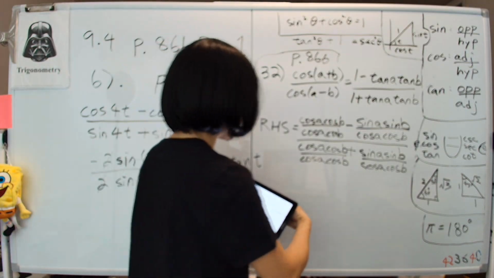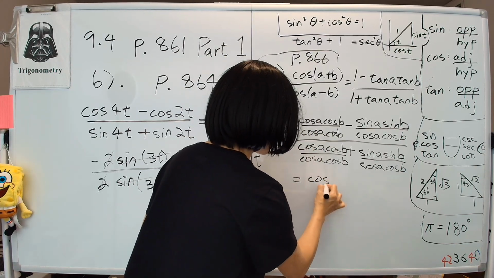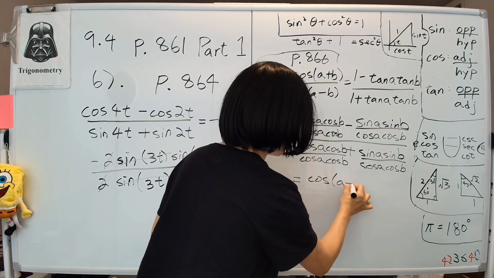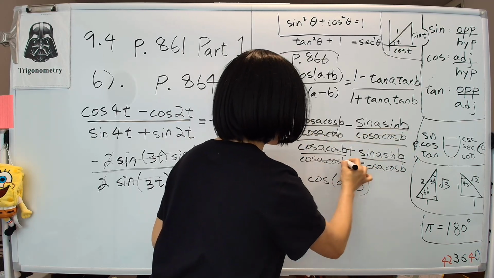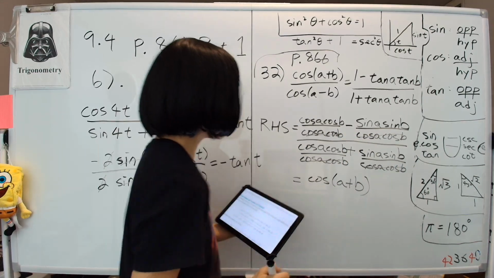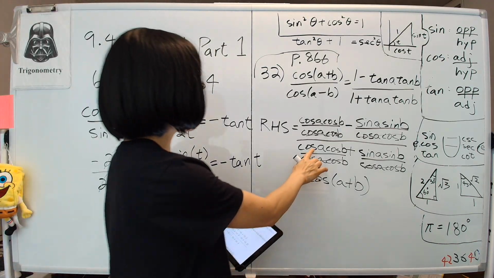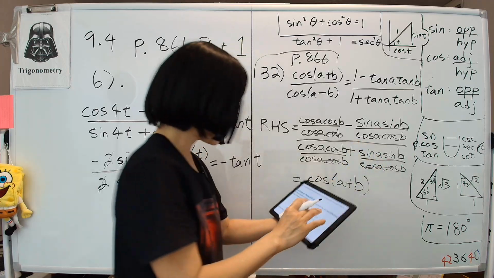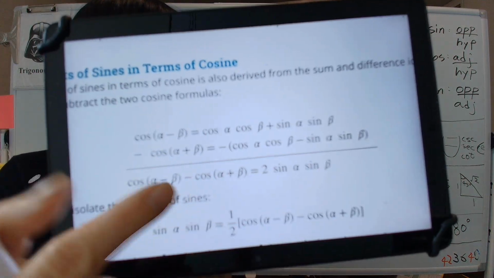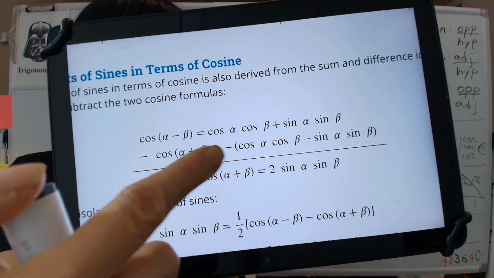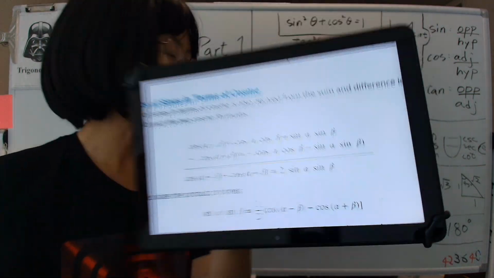So we can write that down. So the top equals the cosine of A plus B. If we cancel out all the denominators, because they exist on both top and bottom, we can just get rid of them. And then the next part, cosine A cosine B plus sine A sine B, is right here, on the same page, where cosine alpha cosine beta plus sine alpha sine beta is equal to cosine of alpha minus beta.